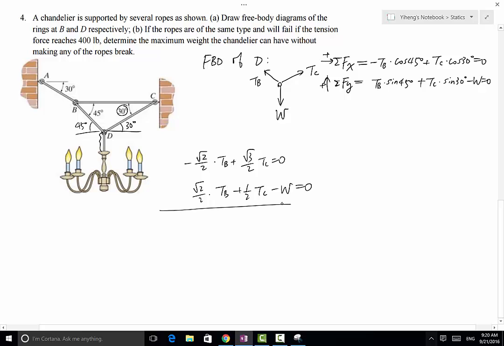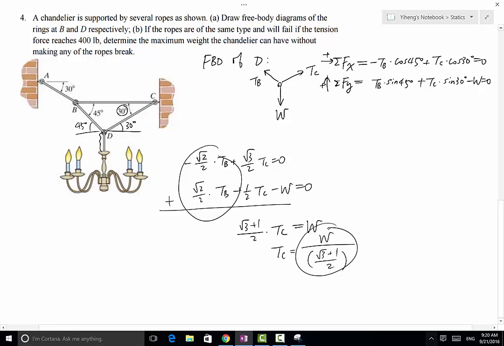If I add these 2 equations together, TB cancels out. So I will have square root of 3 plus 1 over 2 times TC equals W. So TC equals W divided by square root of 3 plus 1 over 2. As you can see, I can solve for TC as a function of W.